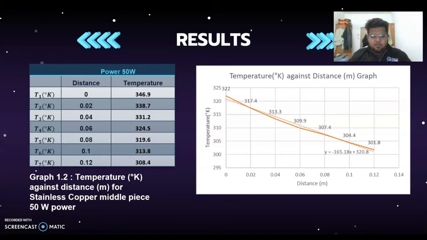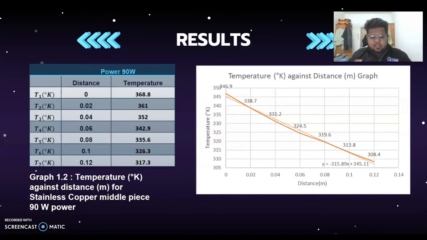This is for 50 watts of power, temperature against distance for stainless copper middle piece. Next is the temperature against distance for stainless copper middle piece at 90 watts of power. For all these graphs, we have also calculated the gradient.